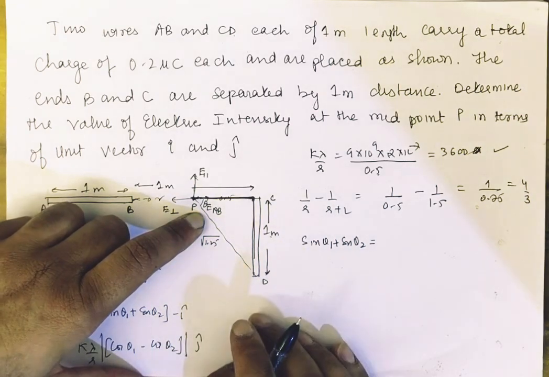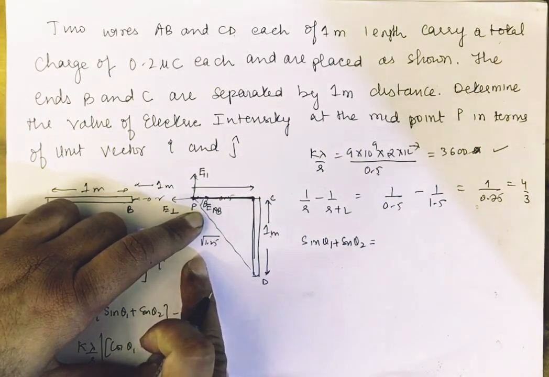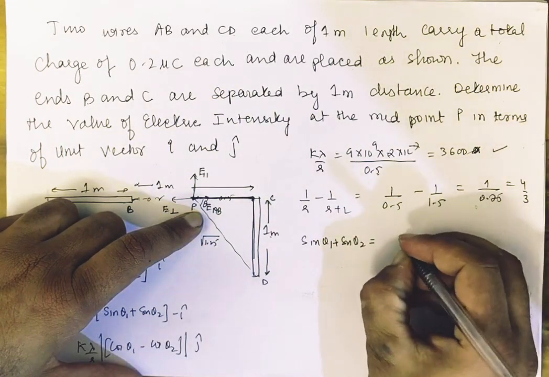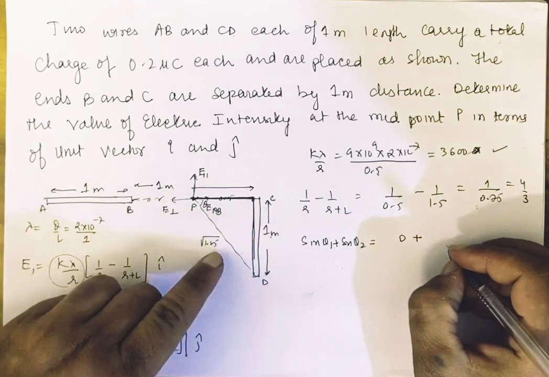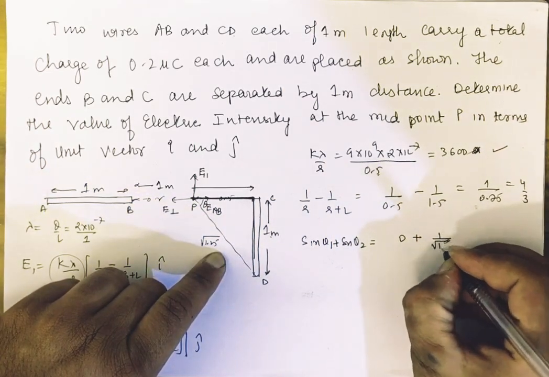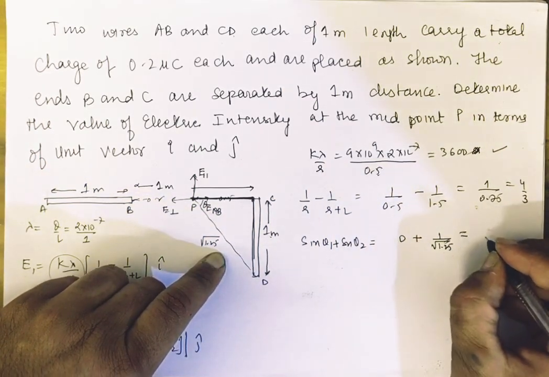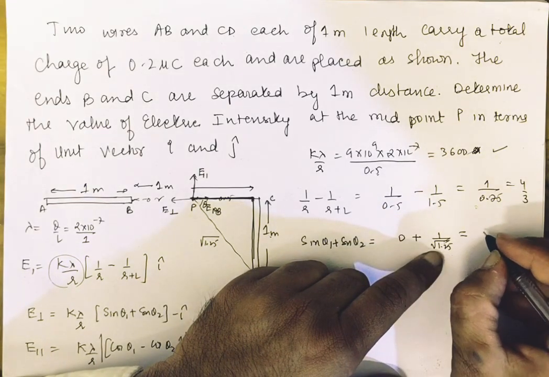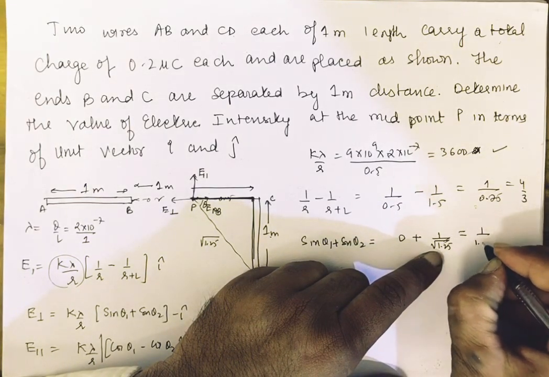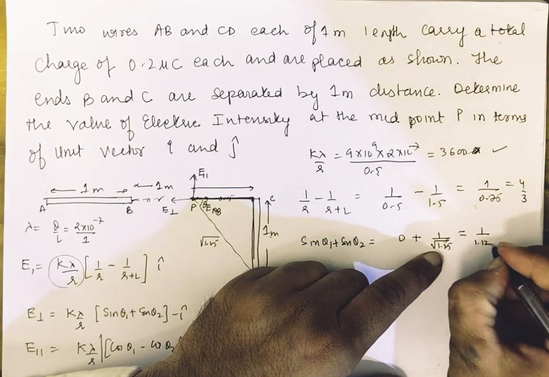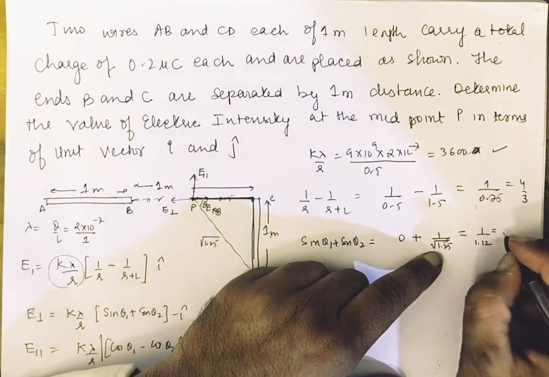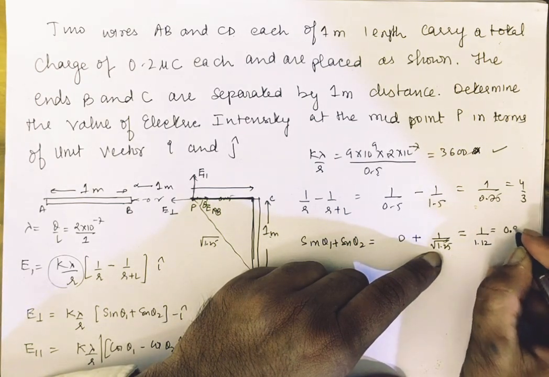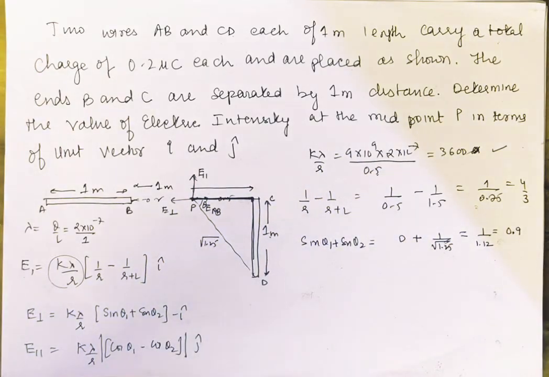Then sin theta would be 1 upon square root of 1.25. Approximately I can take it as 1.1, or slightly 1.12, and 1 upon 1.1 is approximately 0.9. This part is solved.